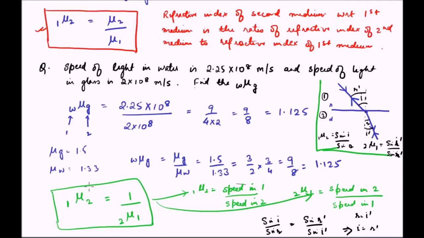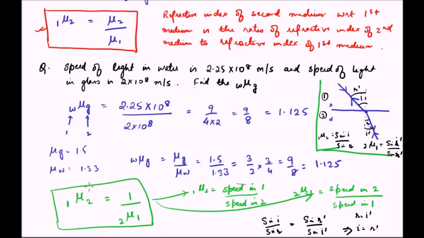Okay, and since this and this are equal, and we already said that this part is being retraced, it is following the same path, so R and I dash are same. It is given that R is equal to I dash, so when R is equal to I dash, then I has to be equal to R dash too, right?